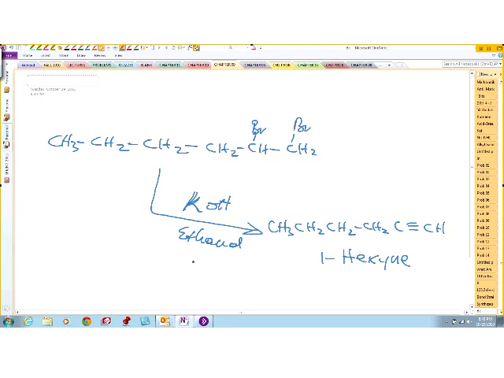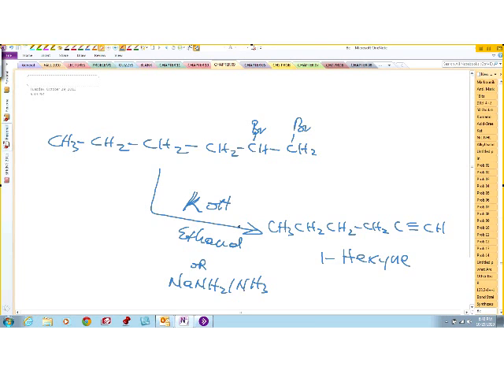Or we could use sodium amide. Okay, that is the only synthesis of alkyne we are going to give you.